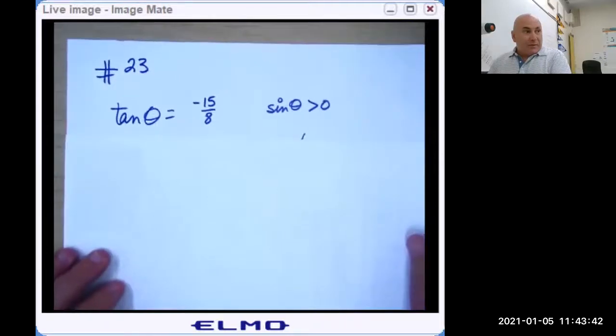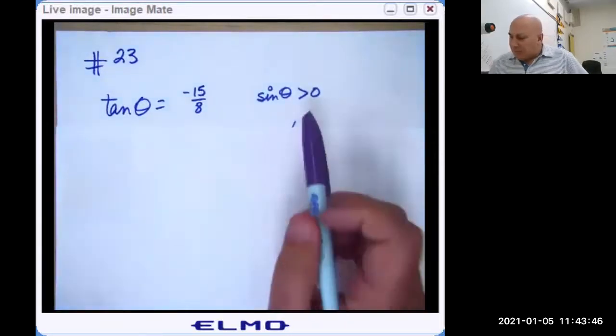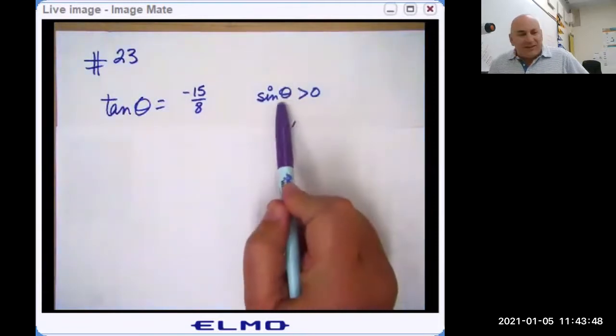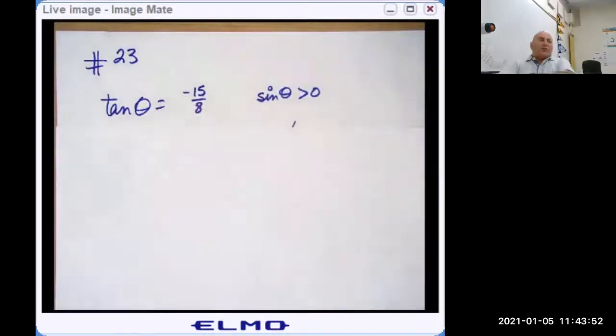Well, then there's problem number 23 in our current text that says there's an angle theta out there. The sine is positive, and the tangent is this value. In what two quadrants is sine positive? Your y value.